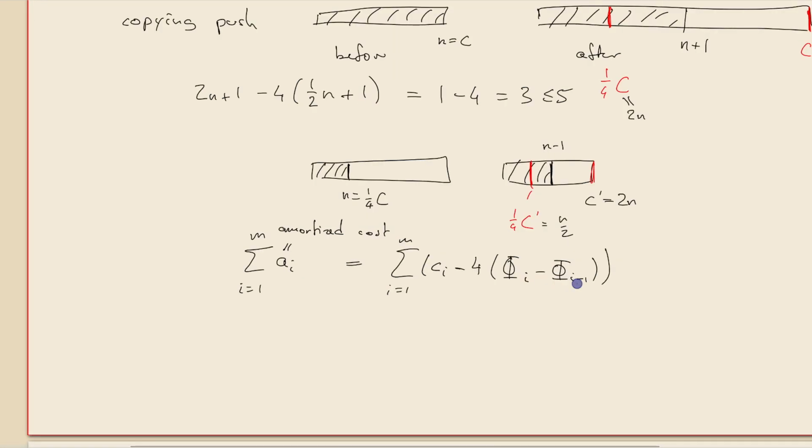Now this type of sum has a special property. It's called a telescoping sum, because you see a term appears positive for one i, and for the next i it will be negative. So we can split this sum up to be the sum of all the c_i, and then we have minus 4 times the sum, where we always have the previous term minus the term before.